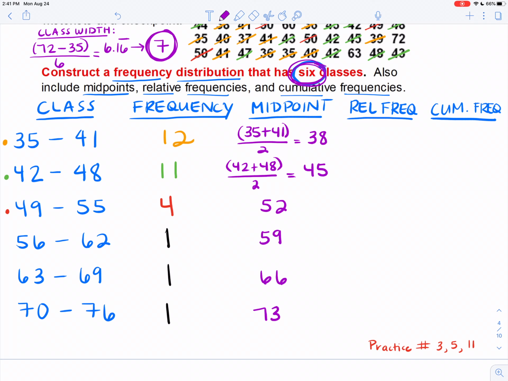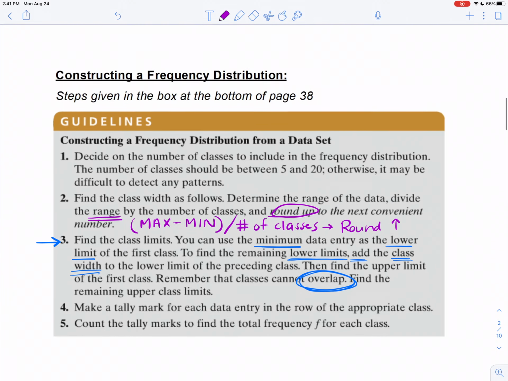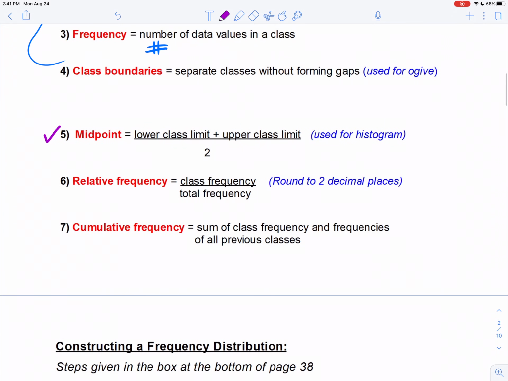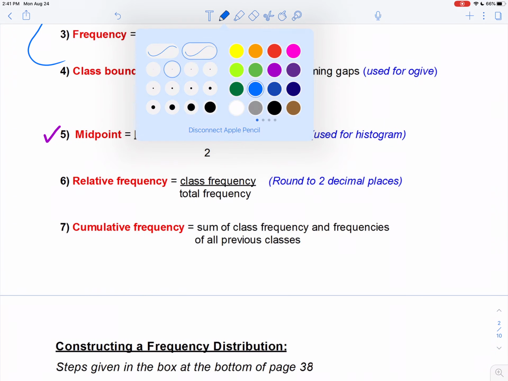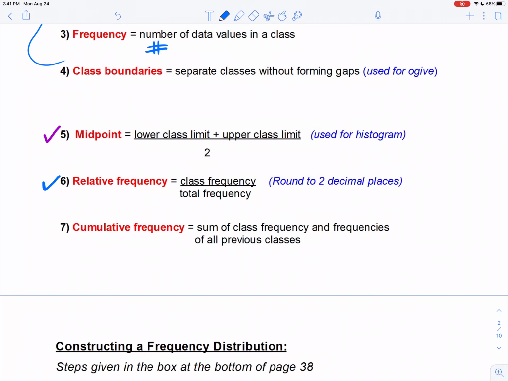But let's go ahead while we're here and talk about the 2 different ways to talk about the frequency in each class. Now, my relative frequency is basically just the percentage of values in each class. It is usually denoted as a decimal, rounded to 2 decimal places. But notice all I have to do to figure that out is take the frequency of the class and divide by the total.